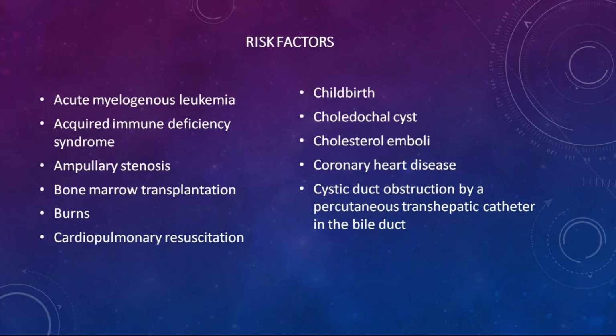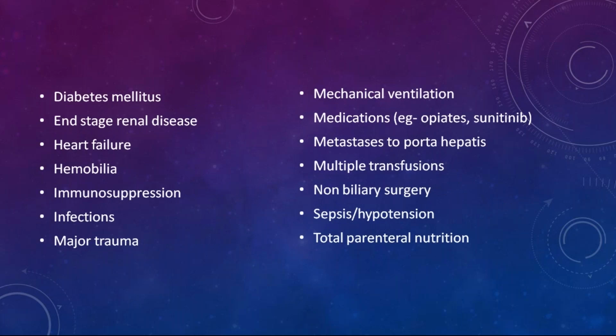There is a minor risk factor for childbirth also, because childbirth is a stressful state where the mother goes into an acute stress response immediately prior to labor and in the postpartum period. So that can lead to acalculous cholecystitis in some mothers. The other ones are diabetes mellitus, heart failure, infections, major trauma, mechanical ventilation, etc. In which patients do you put the patient on mechanical ventilation?